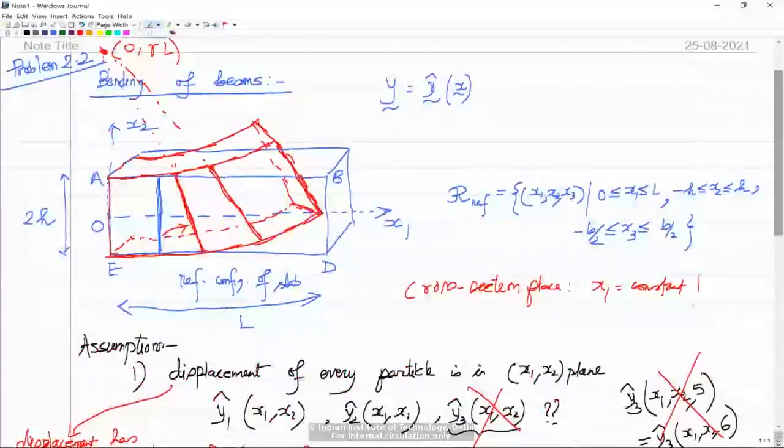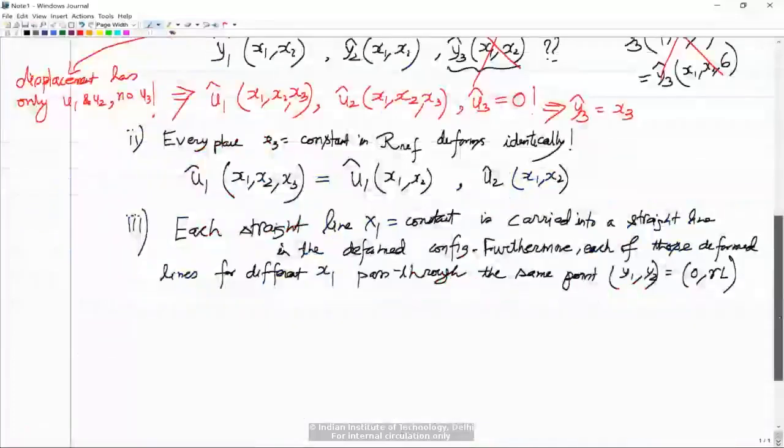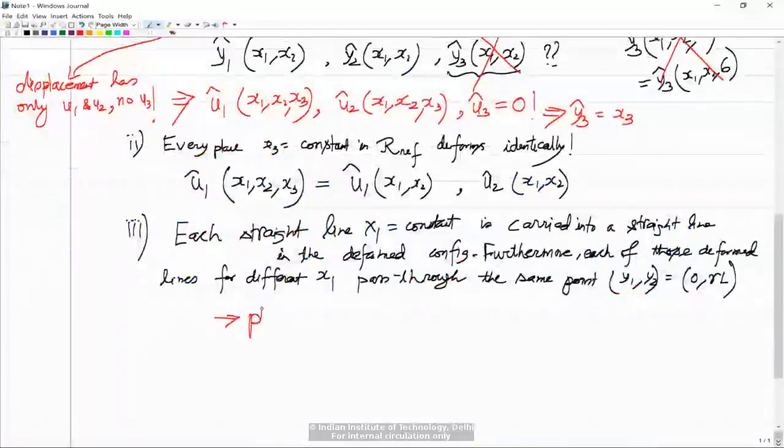So doesn't it say that the cross section remains planar? That is it. It doesn't say whether it remains the same or not. All that it says is that a plane section remains plane. So you must have heard of this hypothesis. What this says is that plane section remains plane.